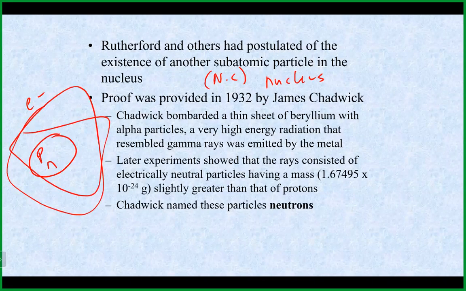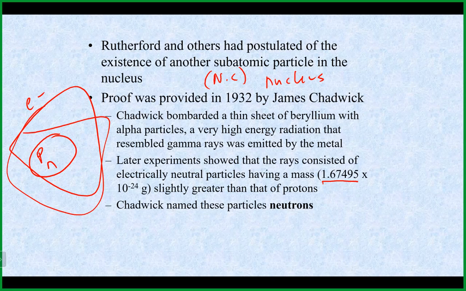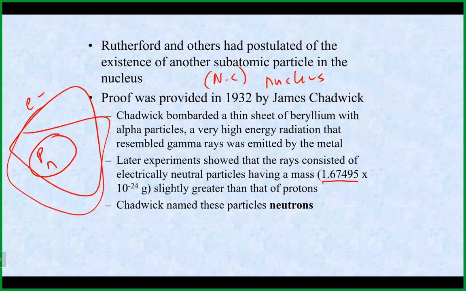Now, the mass of a neutron was found to be 1.67495 times 10 to the minus 24 grams. That's why they go to so many decimal places. It actually slightly beats out the proton. So the neutron as well is about 1,840 times heavier than an electron. So if we think about what's inside our nucleus, we have both the proton and the neutron, and each of them is about 1,800 or so times heavier than any electron flying around.